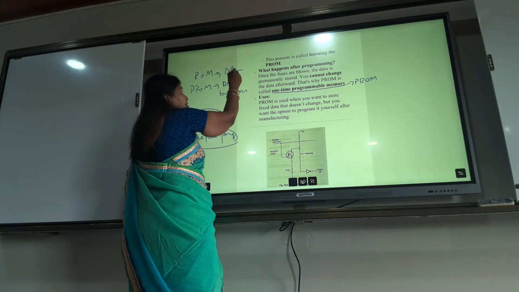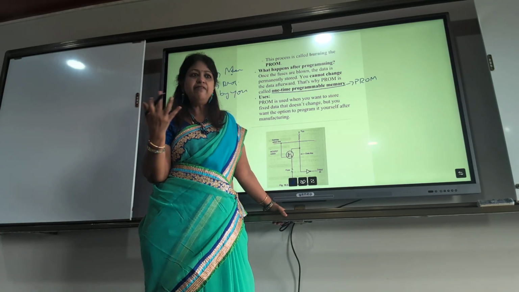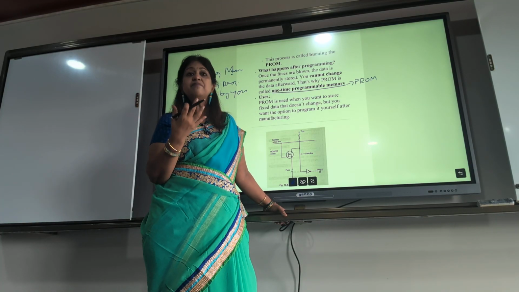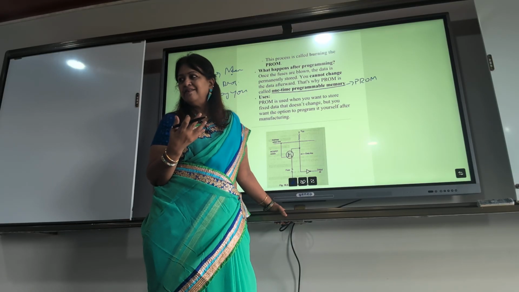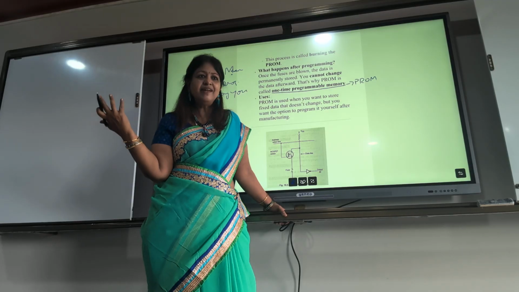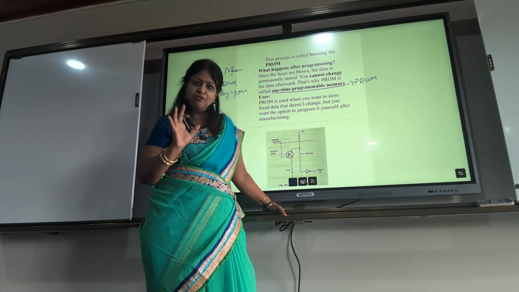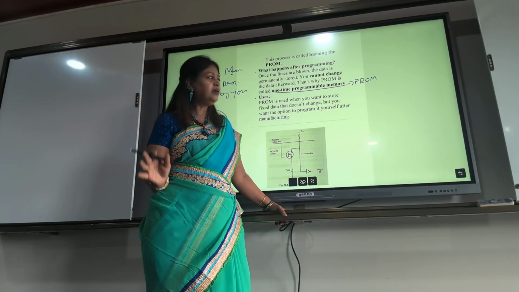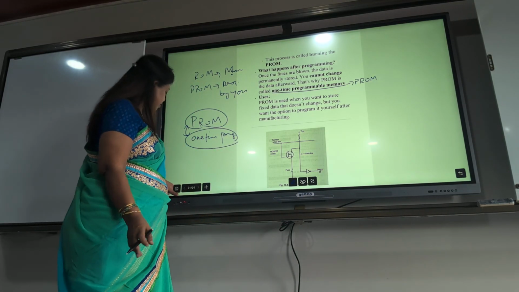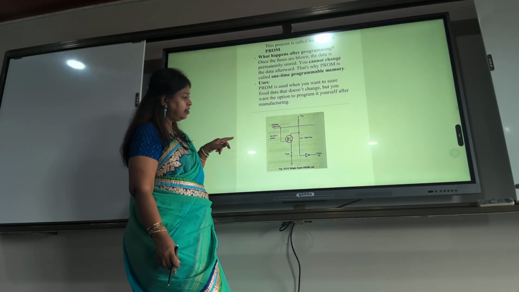For ROM, you have to give the data to the manufacturer. He will know. Sometimes there will be secret designs. You cannot give them to the manufacturer because they might be used by some other company. He will sell the data. So instead you buy PROMs and tell him: you just give me the chip, I will program it. So that is why it is better. PROM is used when you want to store fixed data that does not change.